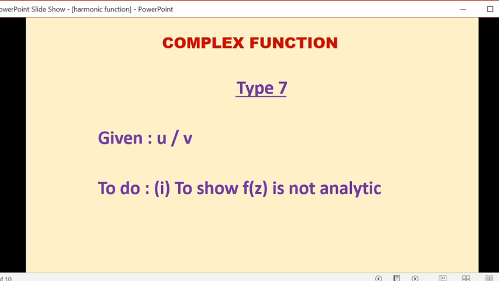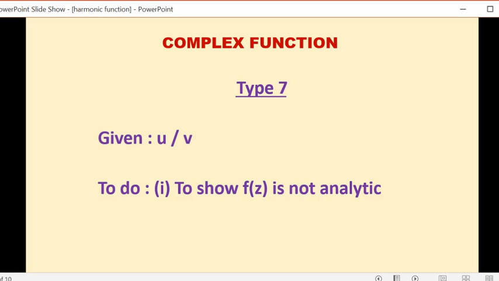We show that Cauchy-Riemann equations are not satisfied and we can show it is not analytic. Okay, but अगर आपके पास सिर्फ u है और आपको f of z is not analytic शो करना है, वहां पे Cauchy-Riemann इक्वेशन नहीं चेक कर सकते because v is not there. So in that case we show that u is not harmonic and hence f of z is not analytic.